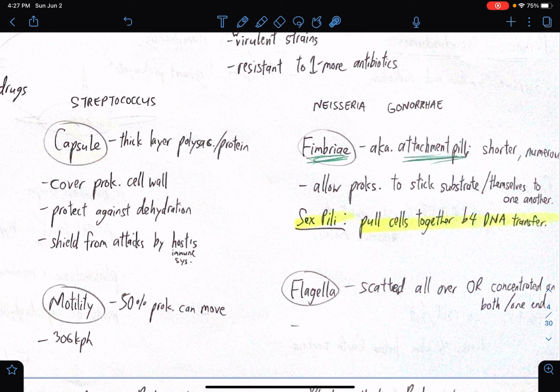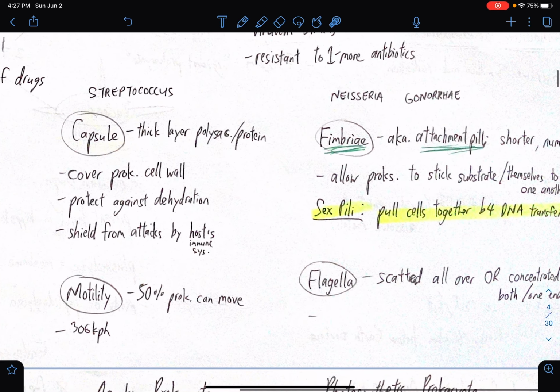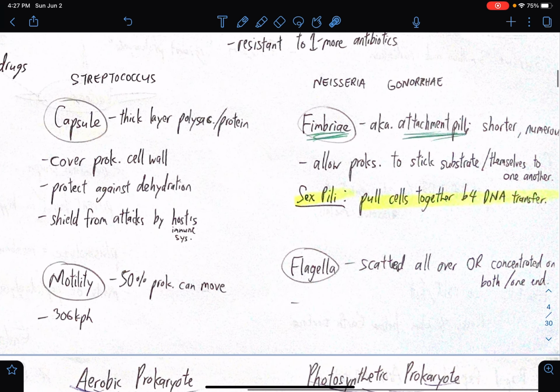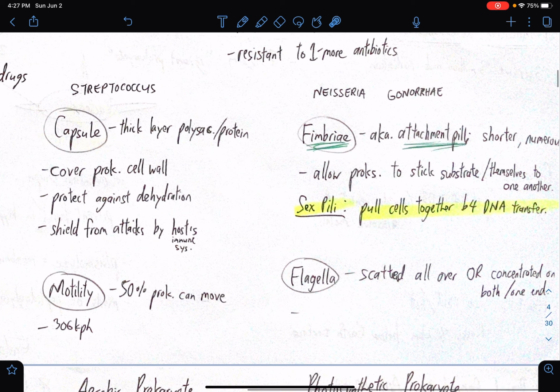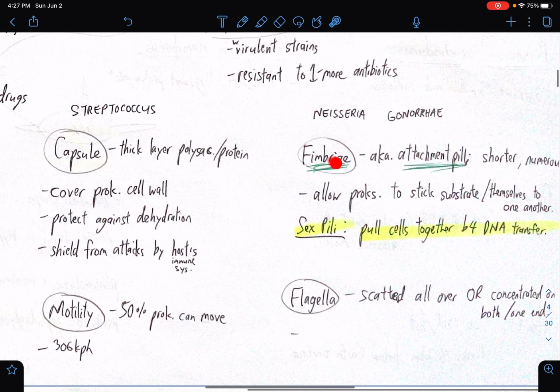So they say that bacteria move at a speed of 360 kilometers per hour. I'm not sure if that's actually correct, but there's a reason why I wrote that here. Everything in this reviewer is based on research. So that's one thing we can vouch for. 50% of prokaryotes can move. That's for sure.